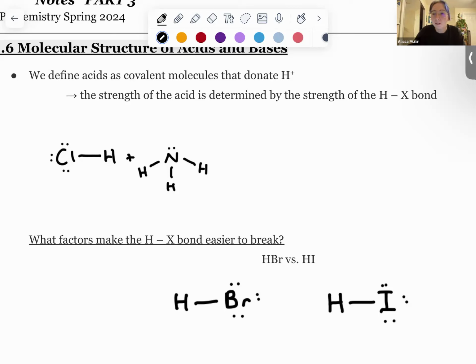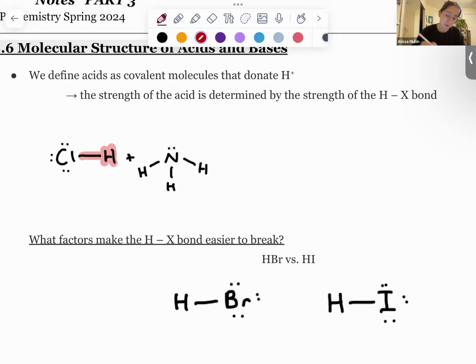And all the acids that we talk about are covalent molecules with some kind of bond to a hydrogen. So how easy is it going to be to lose that hydrogen? It depends on the strength of that H bond.